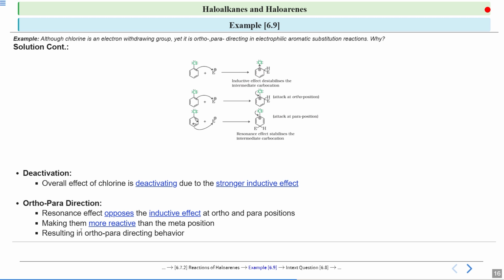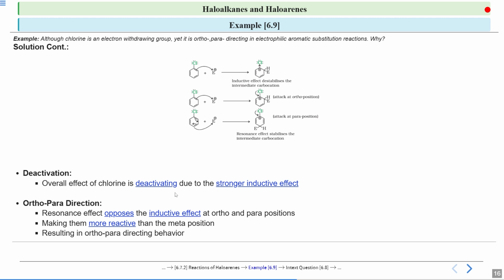Then at the meta position, the resonance effect will not be considered, and the electrophile is attacking on the ortho and the para positions, and you are getting ortho-para substituted products. Okay, or we can easily say that reactivity is controlled by the stronger inductive effect, but the orientation is controlled by the resonance effect, which here is ortho-para directing.